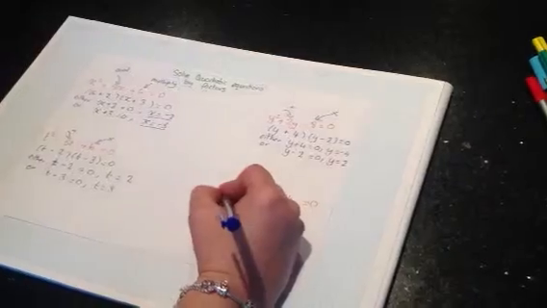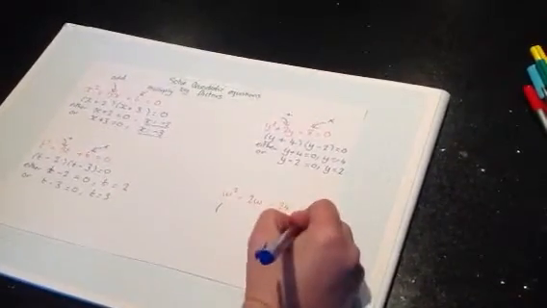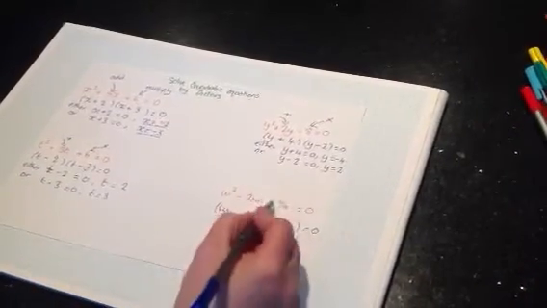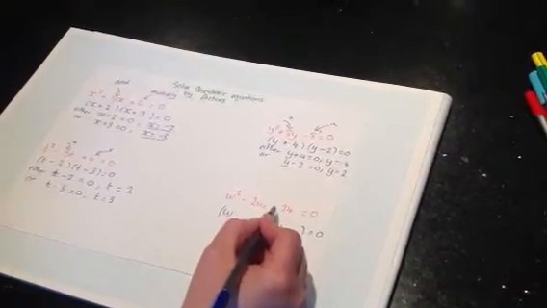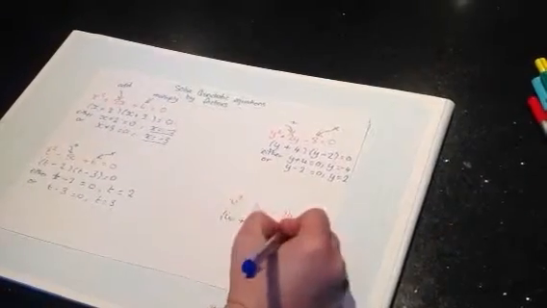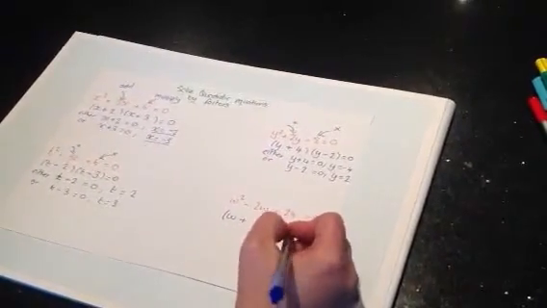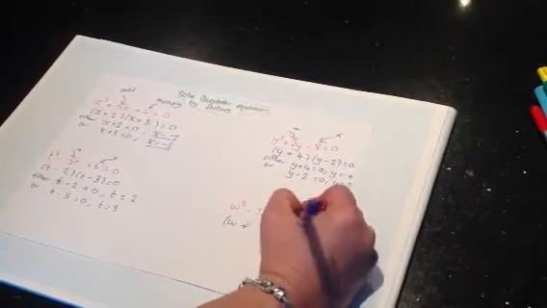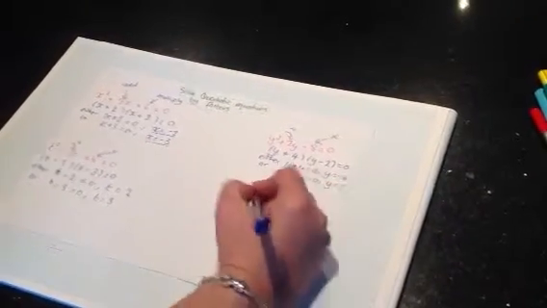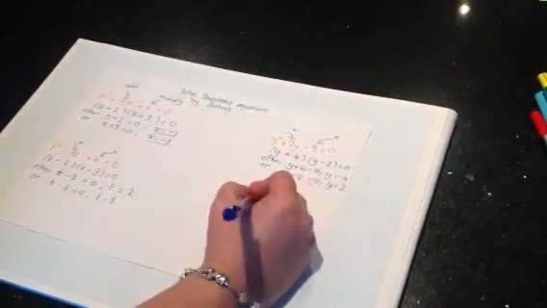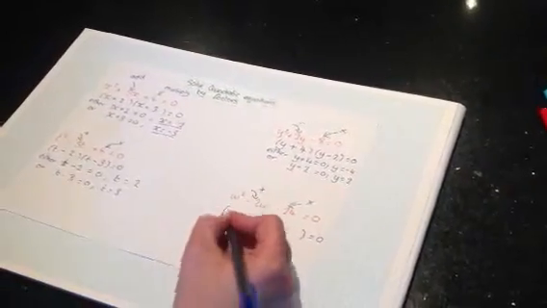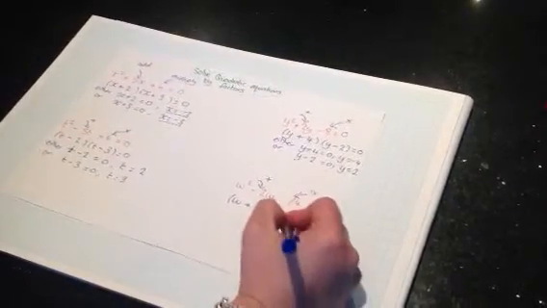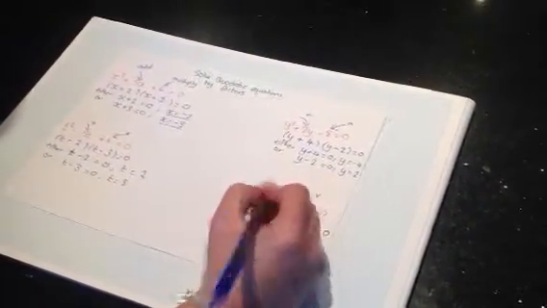In the last one here, again, two brackets, w in each bracket, and the fact that this is a negative number tells me that both signs are different. So one's a plus and one's a minus. So I'm looking for two numbers that multiply to give me minus 24 and that add together to give me minus 2. So w minus 6 and w plus 4.